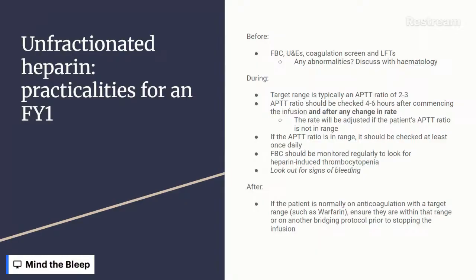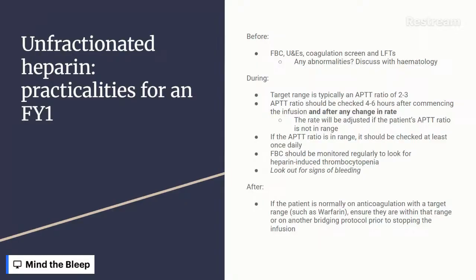A lot of these things are subject to local guidelines, even though there is national guidance. So if in doubt, there will be a guideline for your trust on your trust intranet or EOLAS or whatever the trust uses. There will be something to fall back on, which is easy to forget in the stress of the moment when someone says, start them on a heparin infusion.